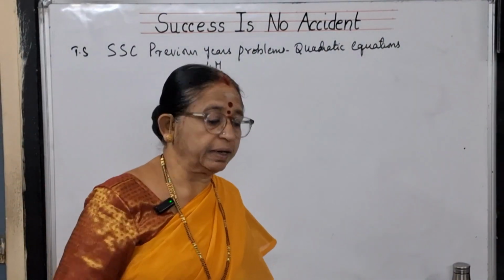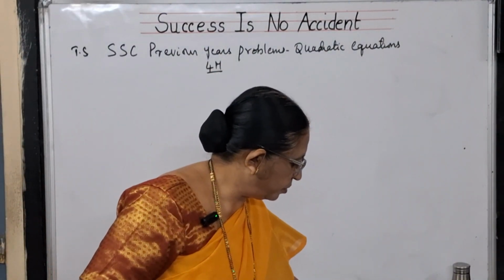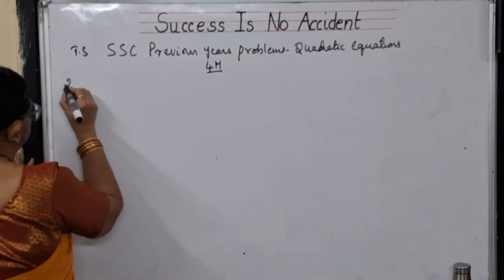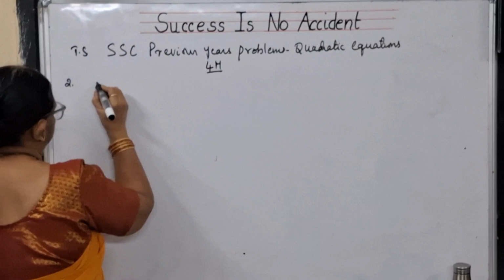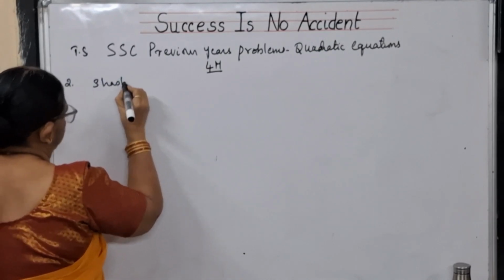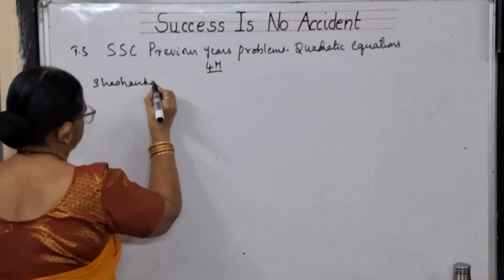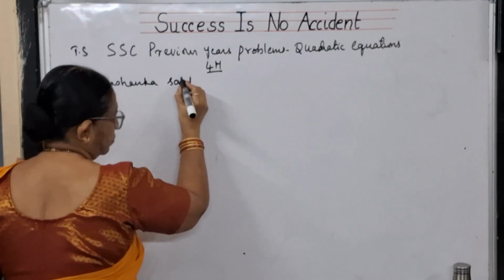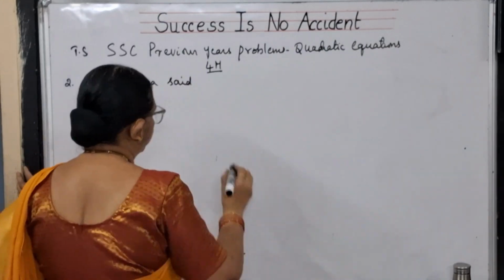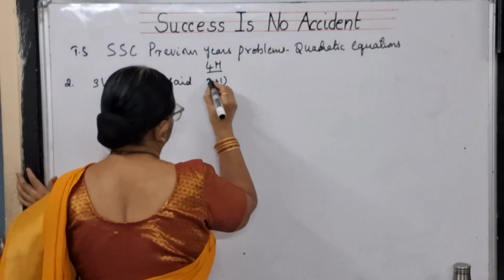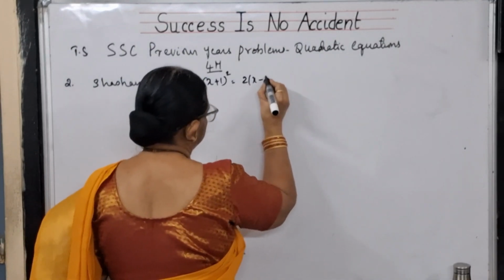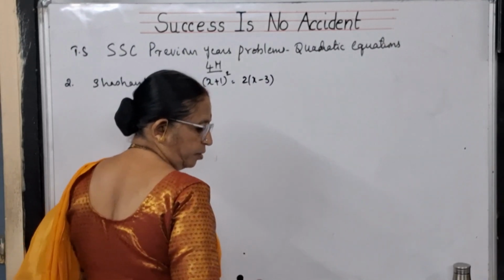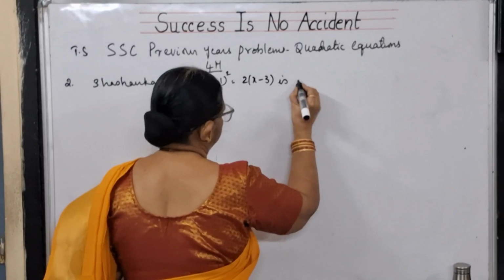Now, the second problem, children, here. Shashanka said, x plus 1 whole square is equal to 2 into x minus 3 is a quadratic equation.